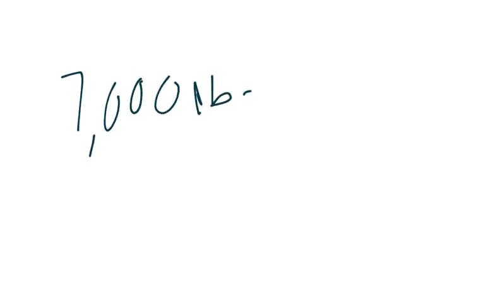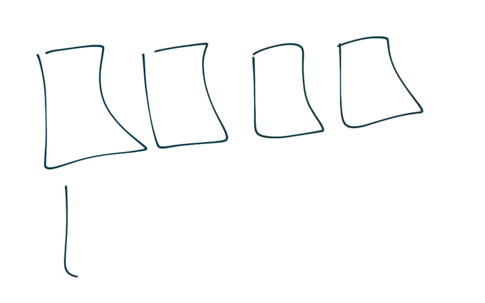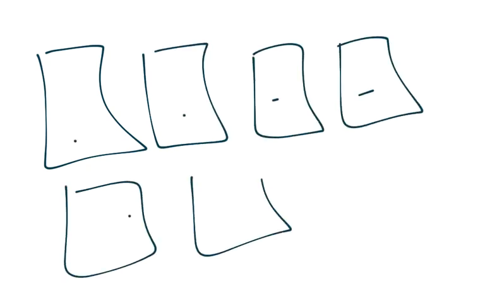Next word problem. A flatbed truck is loaded with 7,000 pounds. Remember, pounds is lbs of bricks. How many tons is that? You should know that there are 2,000 pounds in a ton. So I could draw a picture for this. One, two, three, four, five, six, 7.